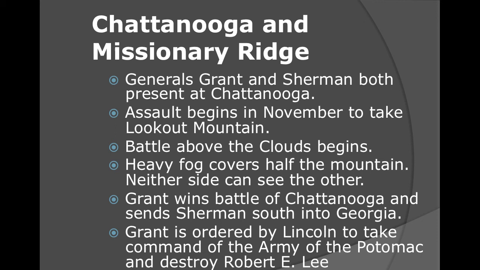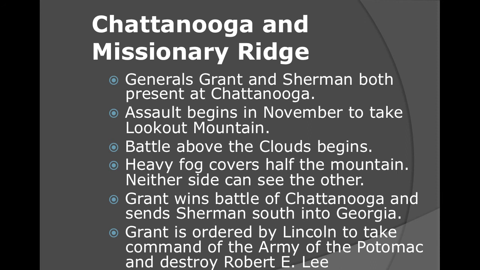After Grant wins the Battle of Vicksburg, he is brought to relieve the siege of Chattanooga. He brings a guy by the name of General Sherman with him, and in November of 1863, they begin an assault on Lookout Mountain, which becomes known as the Battle Above the Clouds.